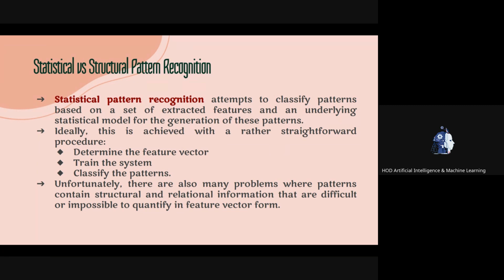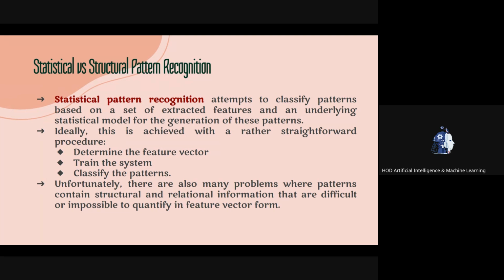Say, for example, we will take the same case of the fish. How are we classifying salmon and sea bass based on the feature vector? We are just looking at the length of the fish, the number of fins of the fish, and these kinds of things.